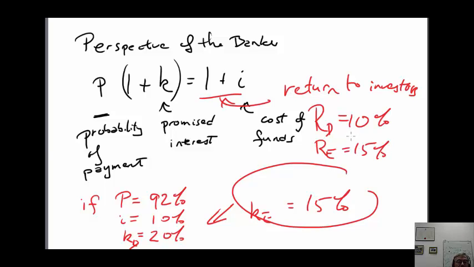So on the investor's side, you would not have a violation of the ordering between returns of debt and equity, but on the issuer's side, on the company's side, you would have a violation of the ordering, where the cost of equity would be less than the cost of debt.